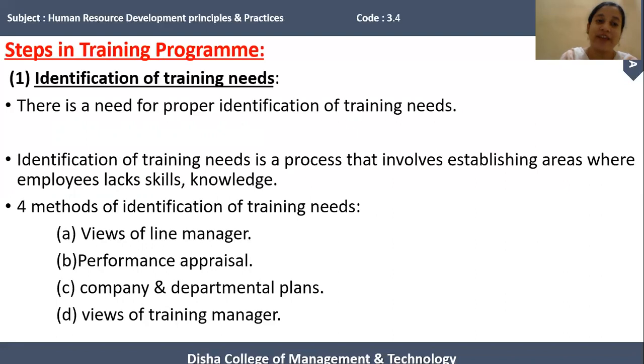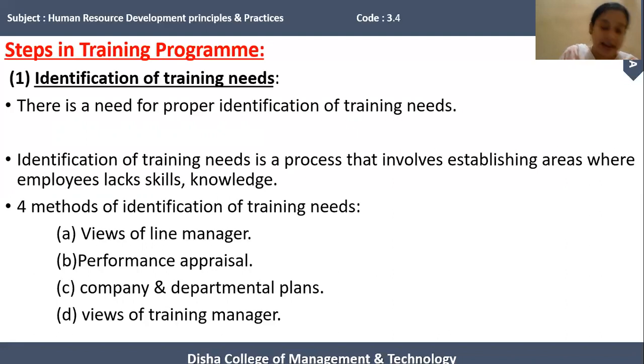First the organization identifies in which area the person has skill lacunae, and after that it plans to develop a suitable training program for the human resources.